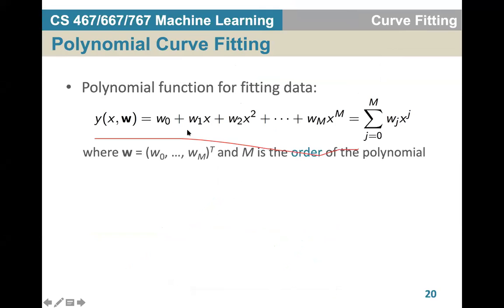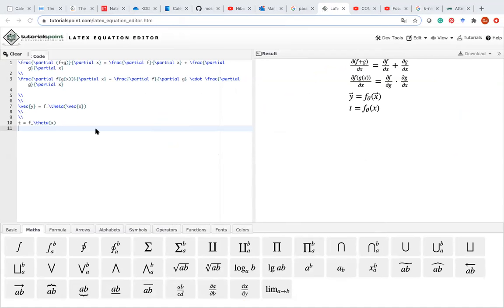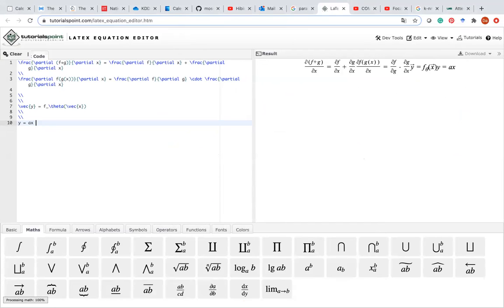So y equals ax plus b is one line. For example, you may have y equal to ax plus b.